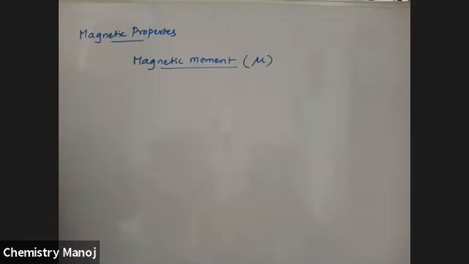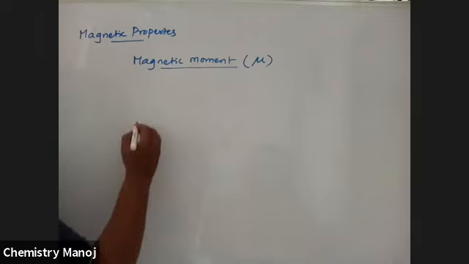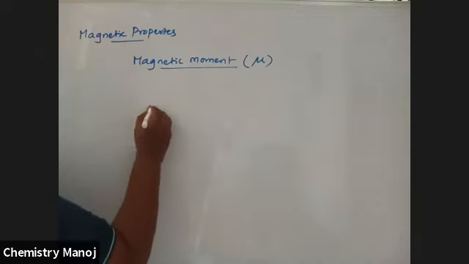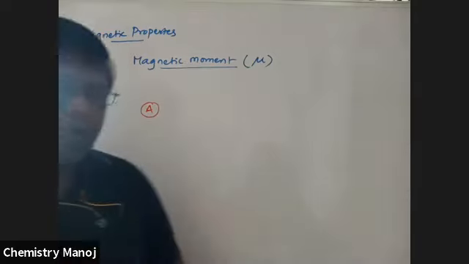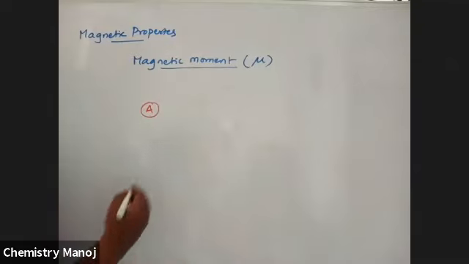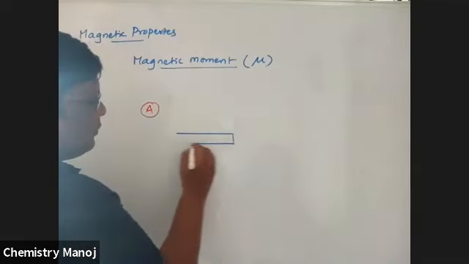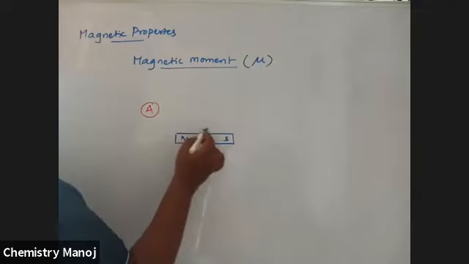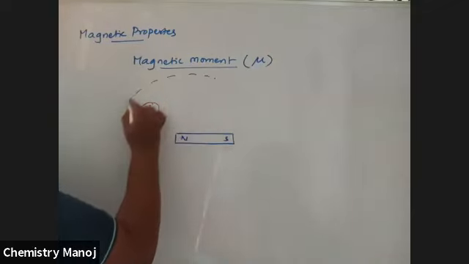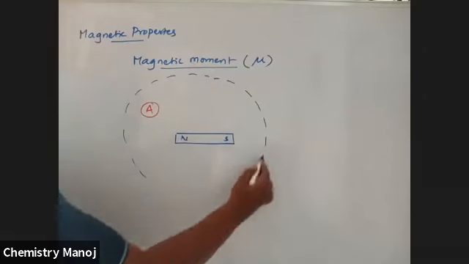Let us take three different substances, or let it be A is a substance. This is placed in an external magnetic field. Let's take this one. This is a magnet. It has a North Pole and South Pole. So its magnetic field is like this.